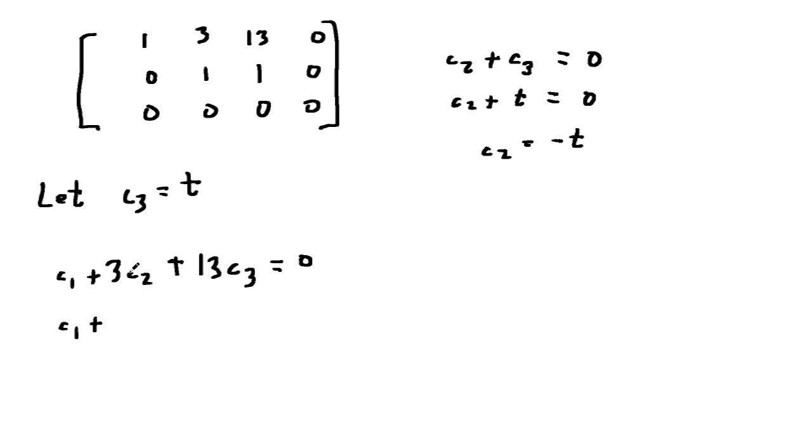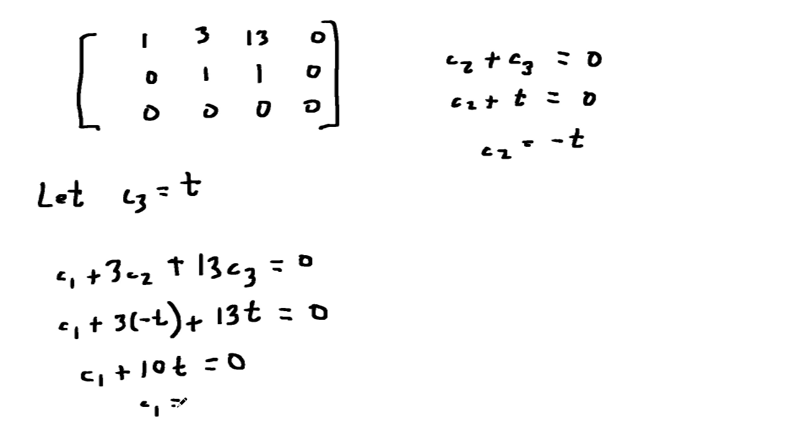Plug in minus T for C2. Plug in T for C3. And simplify. Solve for C1. And I get minus 10T.